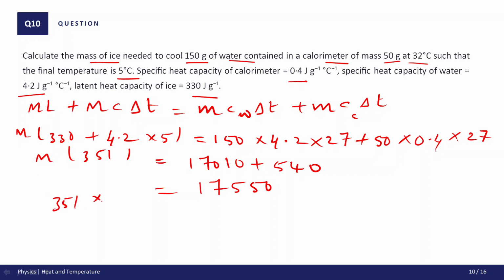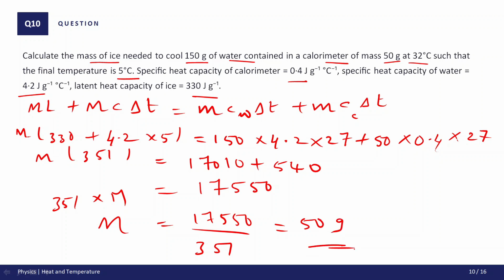351 into m. Then m equal to 17,550 divided by 351. You will get 50 grams.